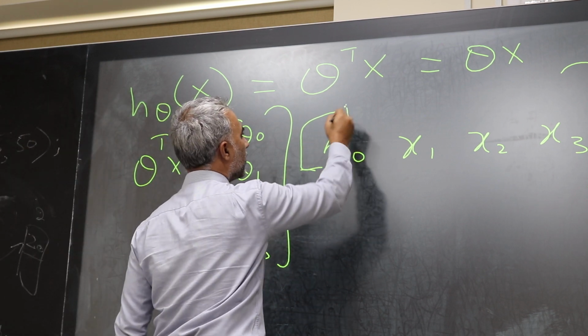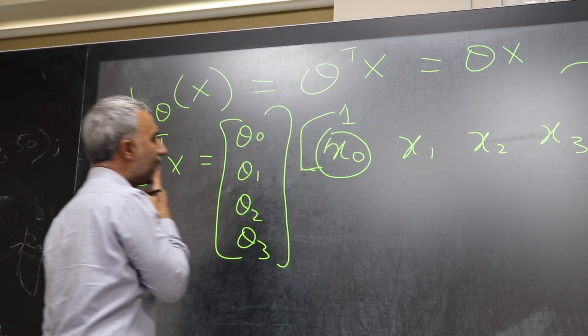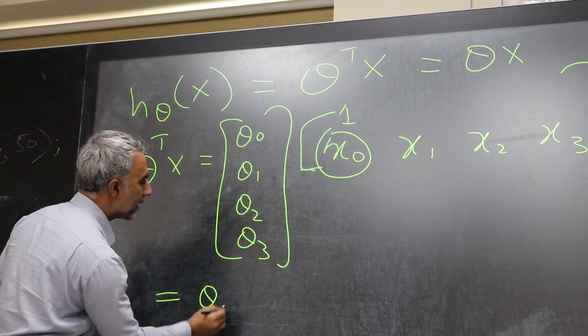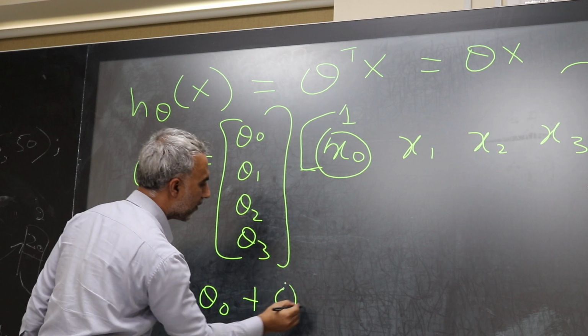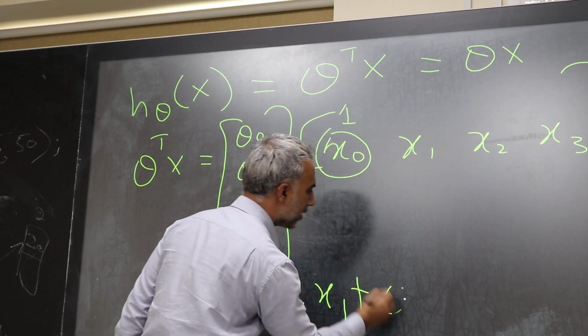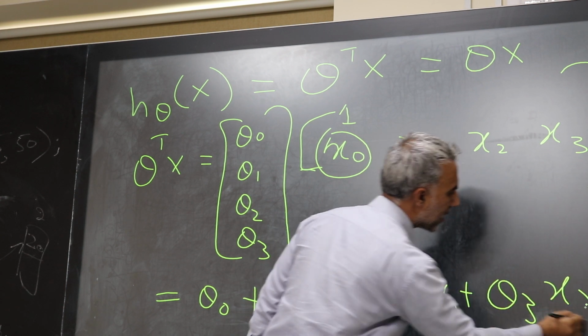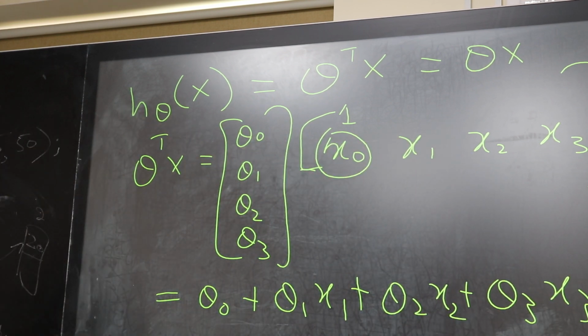We know x naught is always equivalent to 1. So the answer is theta naught plus theta 1 x1 plus theta 2 x2 plus theta 3 x3, if you substitute the values.